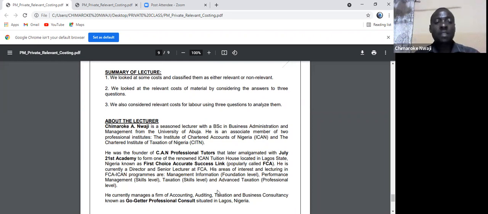We have come to the end of this lecture. We've looked at certain costs and we've classified them as either relevant or non-relevant. Can you remember those costs that are relevant? Let's see if we can. We said variable costs are relevant. We said incremental costs are relevant.